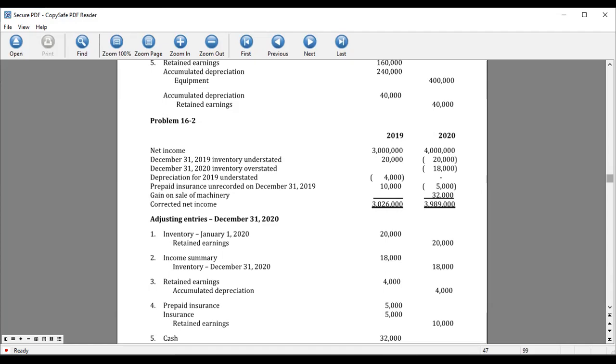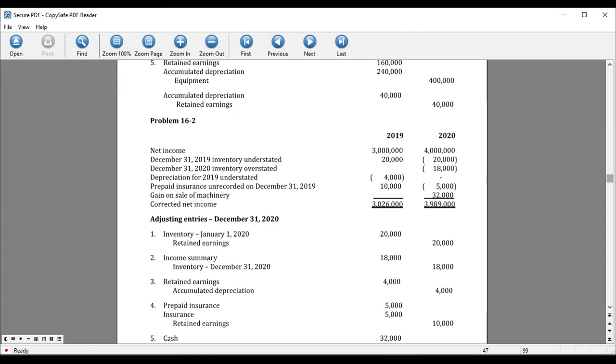And on December 31, with regards to prepaid insurance, the insurance premium for a 3-year period was charged to expense on January 1, 2019. No prepayment was recorded. So on December 31, 2019, there should be a prepayment of 10,000.